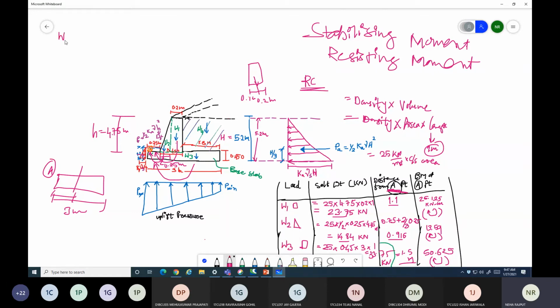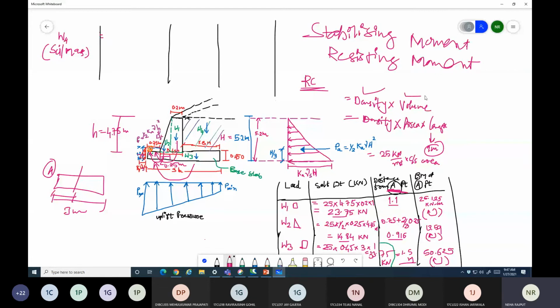So that is W4. Now what is W4? Here you need to write down soil mass because that will be easy for you to consider that this is not the reinforced concrete element, but this is the soil mass, and that soil mass calculation you need to perform. Now again the self weight of soil mass. So self weight of soil mass, again that is density into volume.